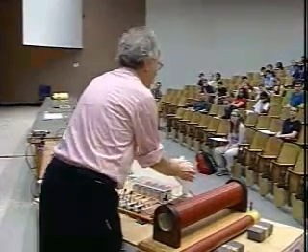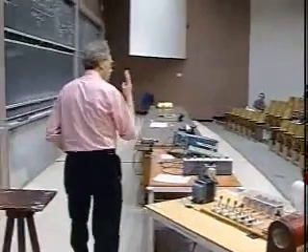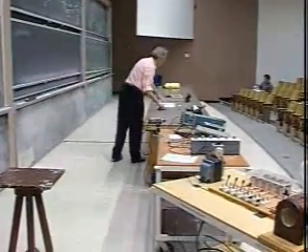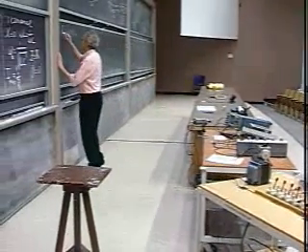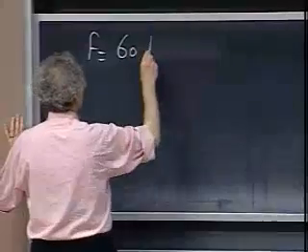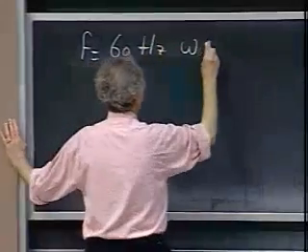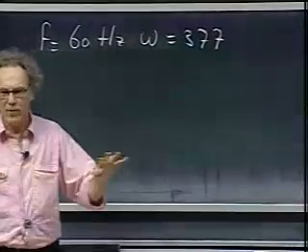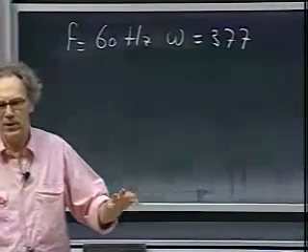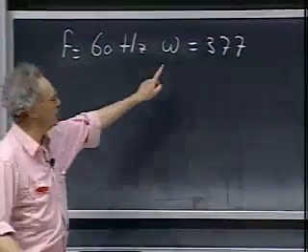It's a 200-watt light bulb. I have an LRC circuit, and I will give you the values for L, for R, and for C. I'm going to drive it at 60 hertz. So omega equals 377 radians per second. And whatever you're going to see for the next 12 minutes, that is not going to change.